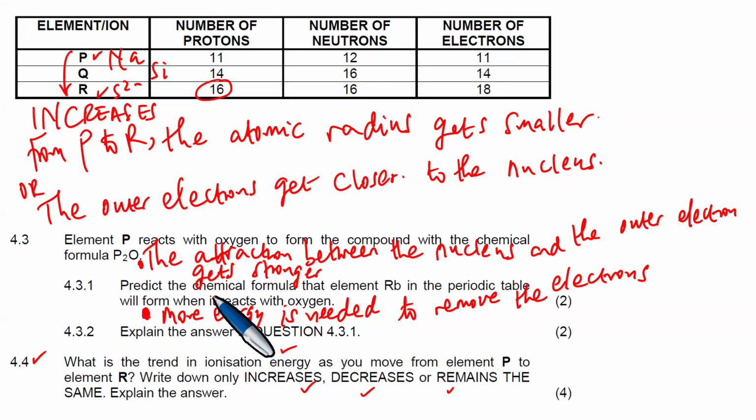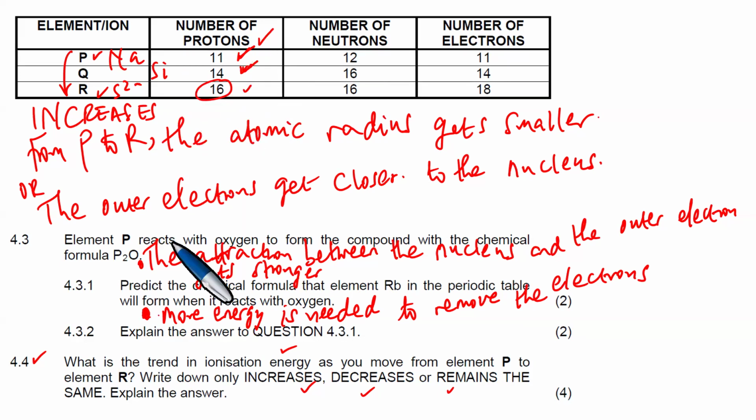You really are able to see that there's an increase in the number of protons. The increase in the number of protons has to do with the increase in the atomic number. Because the atomic number is 11, 14, 16, so the atomic number is increasing.